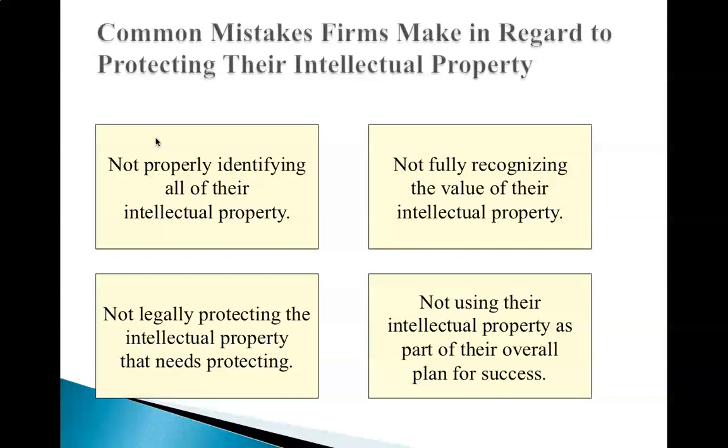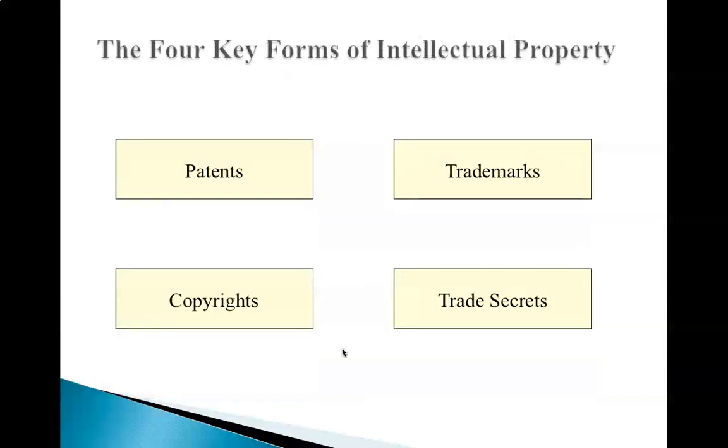This is something that we decide at that stage. Another common mistake is not fully recognizing the value of intellectual property. Another is not legally protecting it. It's all well and good identifying it, but we have to legally protect it, and not using the intellectual property as part of the overall plan for success. So let's look at some examples in a moment of what it is, and I think that will help explain those things as well.